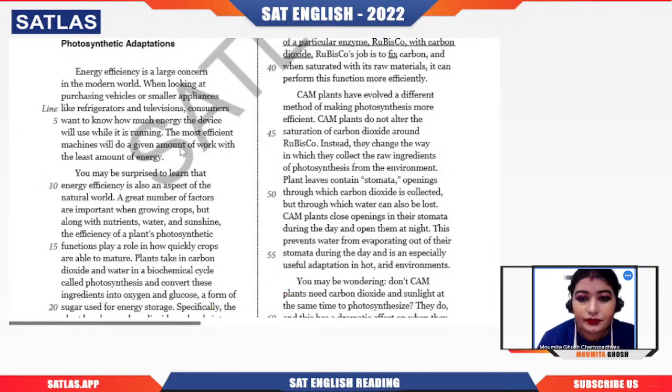So that is due to energy efficiency, which is a large concern in the modern world, and the modern world's concern is nothing other than global warming. There is also a connection between global warming and photosynthesis.